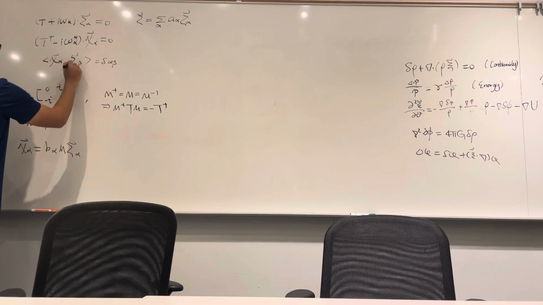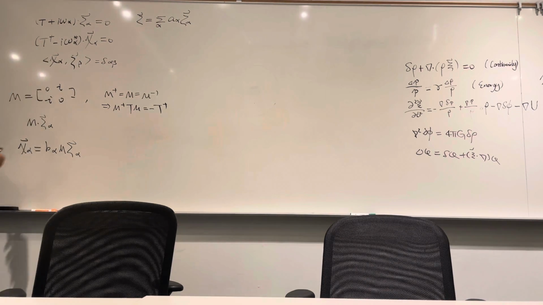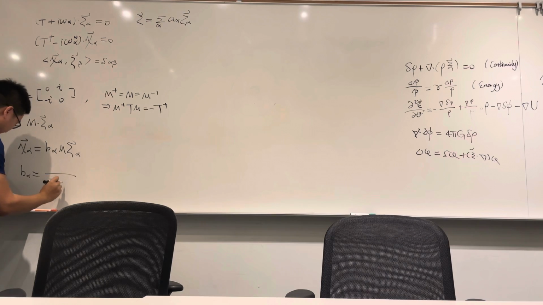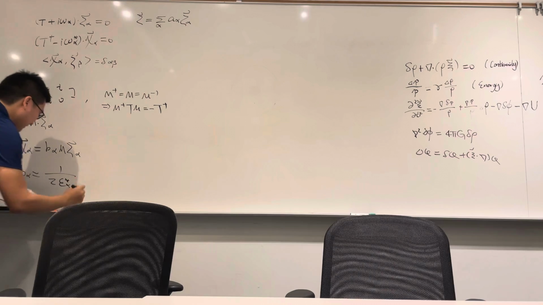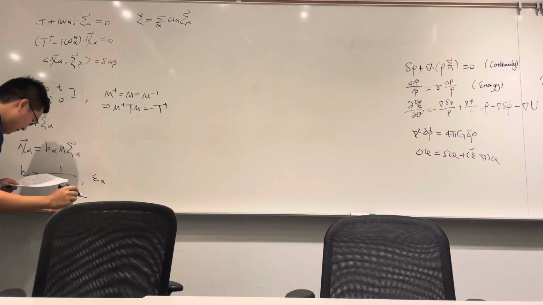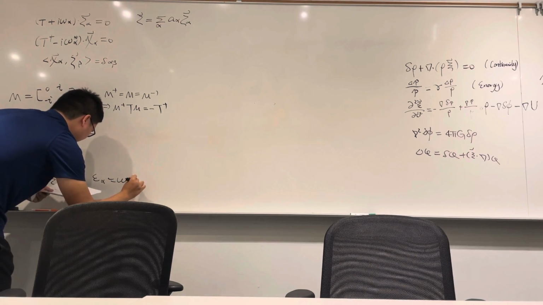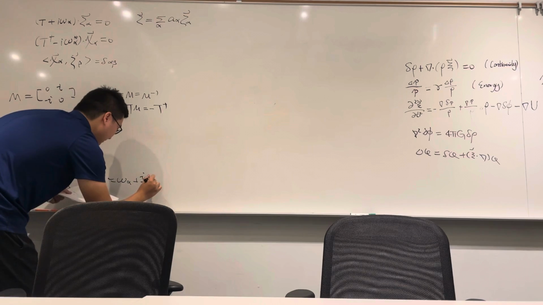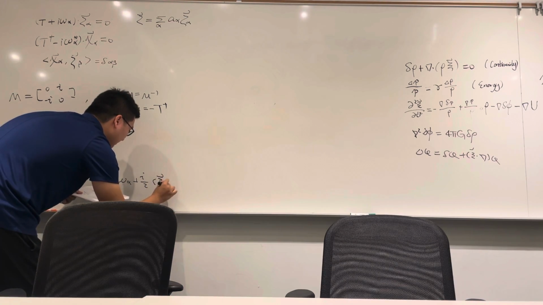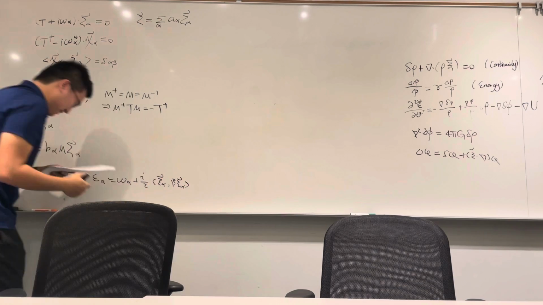So basically, you just substitute into it, and you will find that b alpha equals 2 times epsilon alpha conjugate, 1, where epsilon alpha is omega alpha plus 1/2 I C alpha B C alpha. Okay.